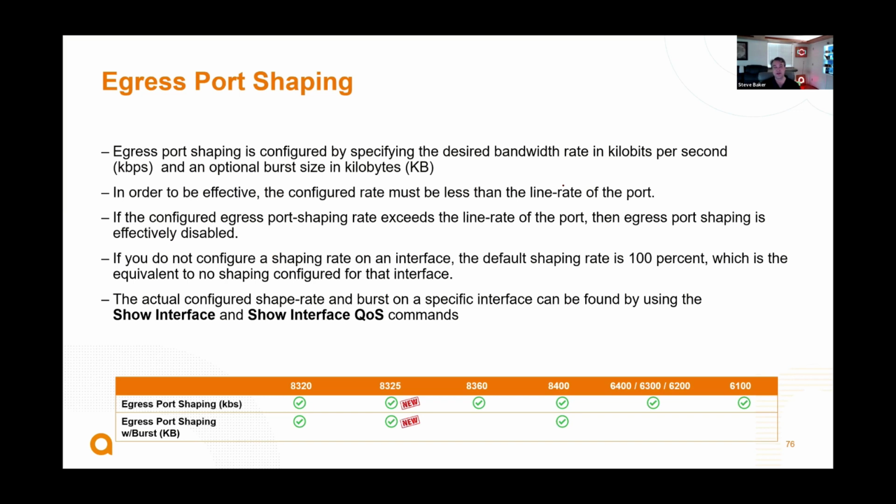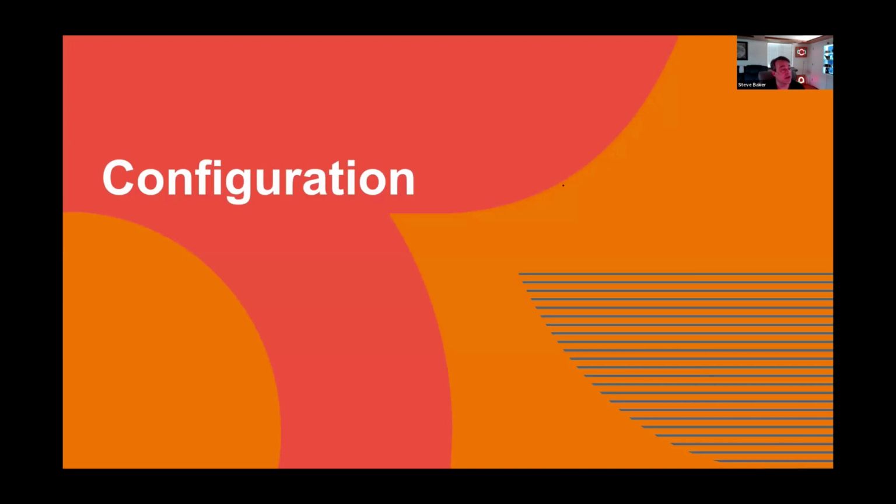The data center models also support a burst size configuration. If you don't configure shaping on an interface, the default shaping rate is going to be 100%. And the actual configured shape rate and burst can be found by using the show interface commands, which I'll show you in a few slides.